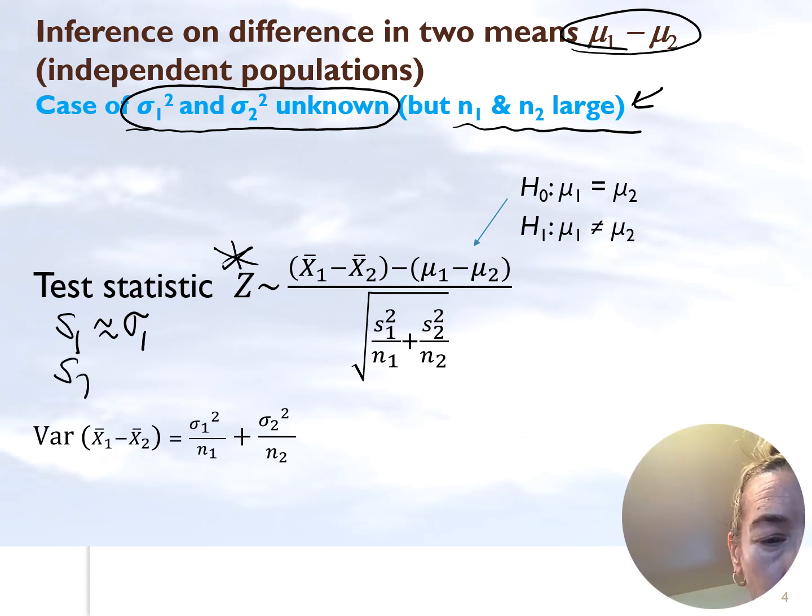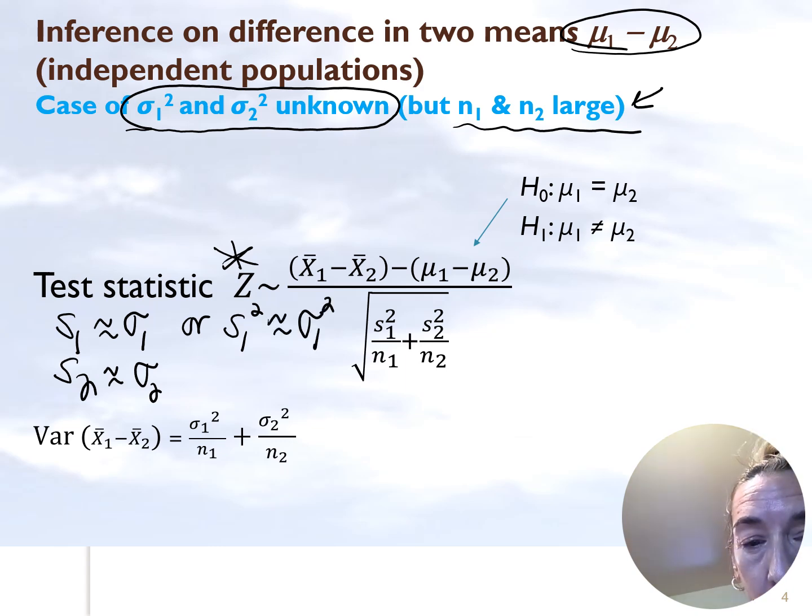That would hold for both populations. Or another way to write this: S1 squared is a good estimator for sigma 1 squared, and S2 squared is a good estimator for sigma 2 squared.